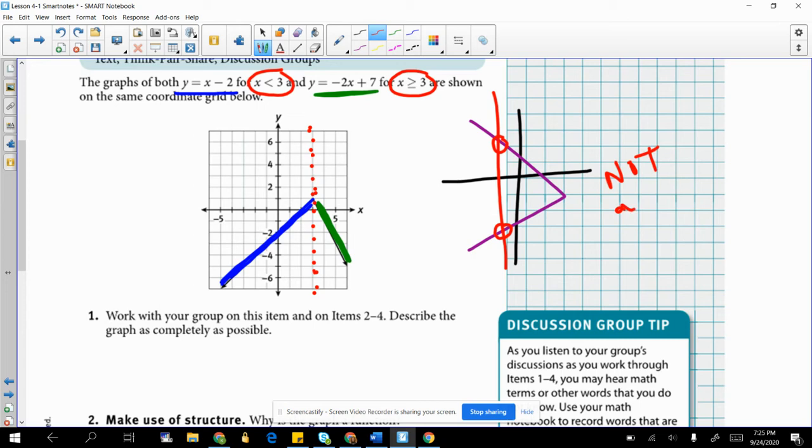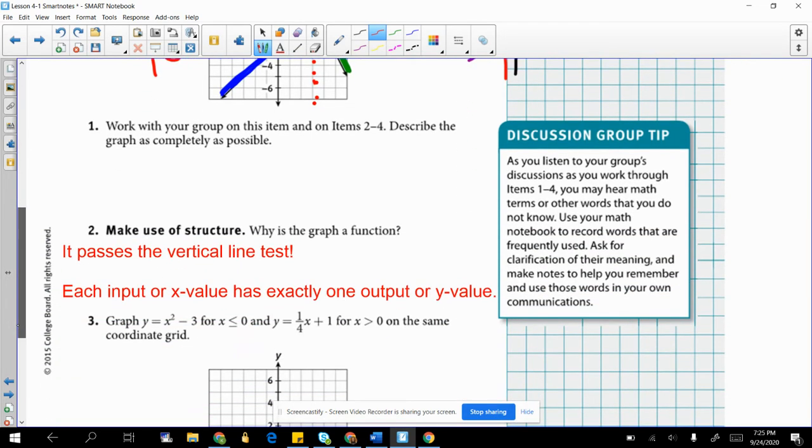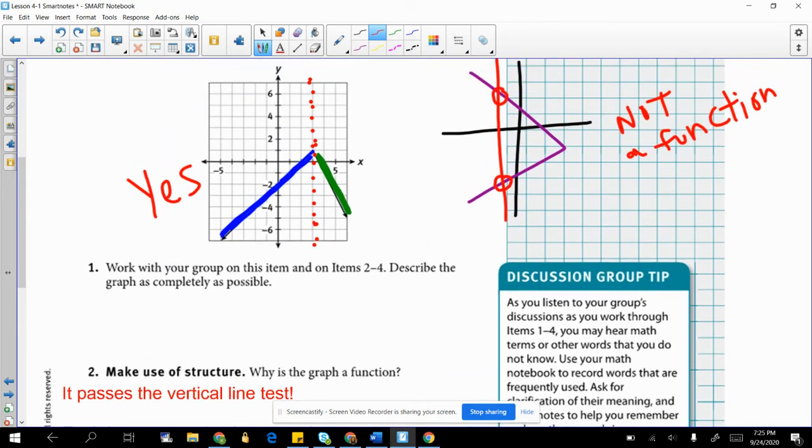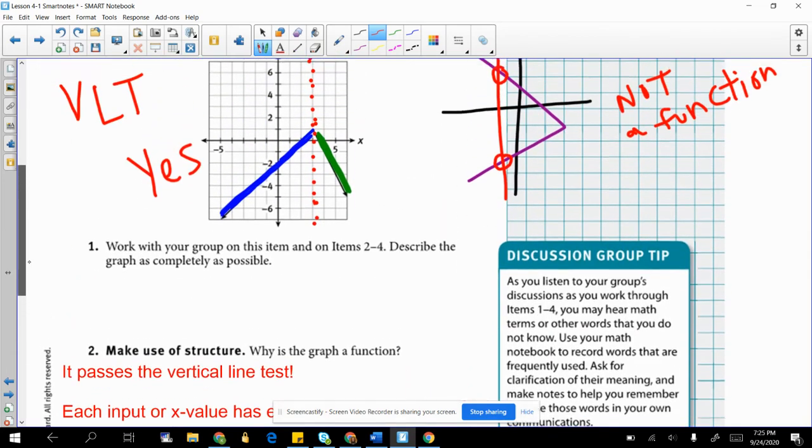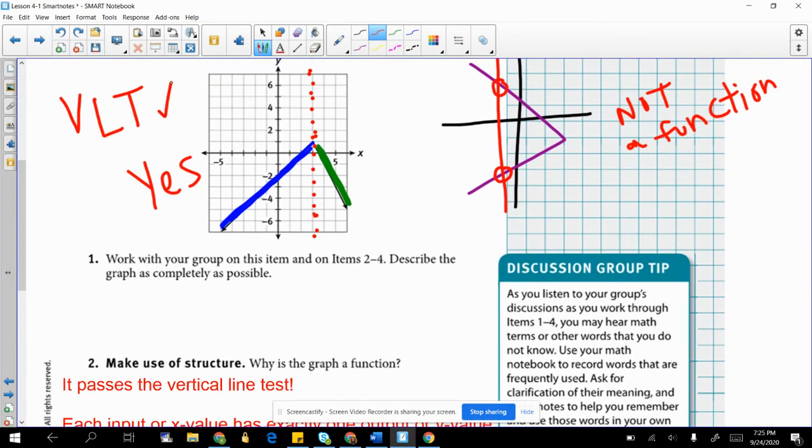And this one over here, yes, it is a function. Basically it has to pass the vertical line test in order to be a function. We're going to be talking about that a lot. Sometimes I will just put VLT for vertical line test. And check, it passes.